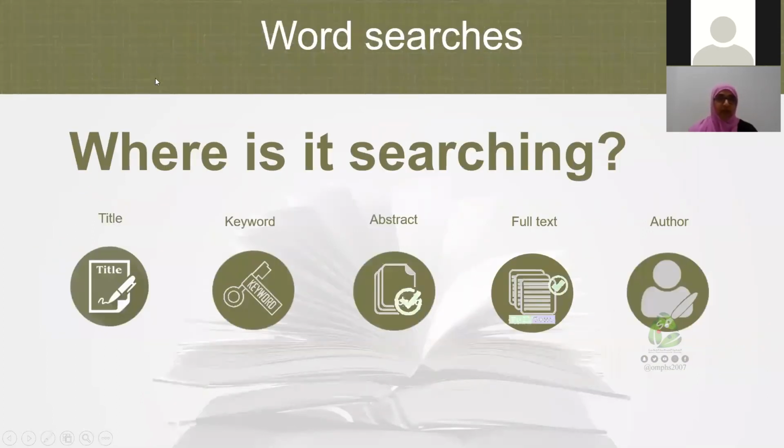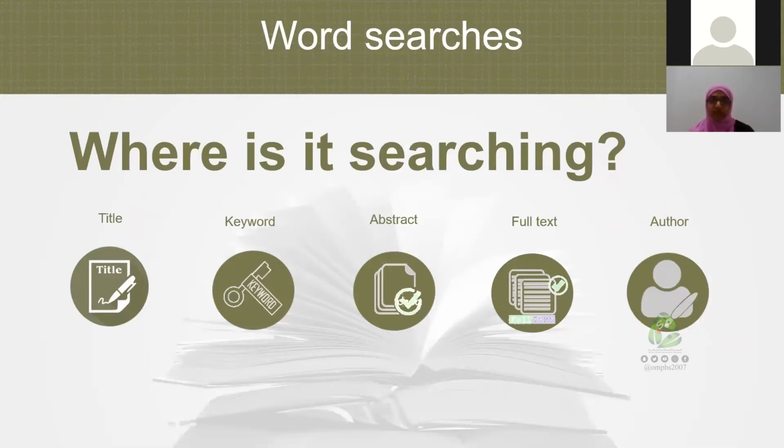Okay. Word search. It's important that you focus on where you want your word to come, because otherwise you will end up with hundreds of papers and you will need to scan and skim all over. So you need to know, do you need your word in the title, as a keyword, in the keywords?